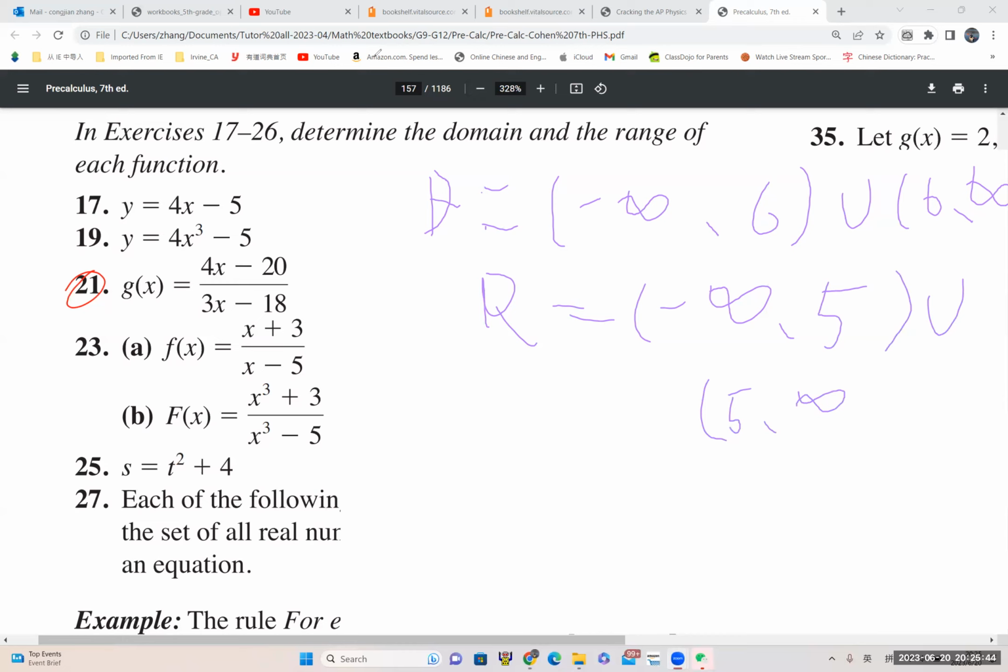Are you calculating by calculator? Yeah, I want to check. But I don't really think here we need a calculator.